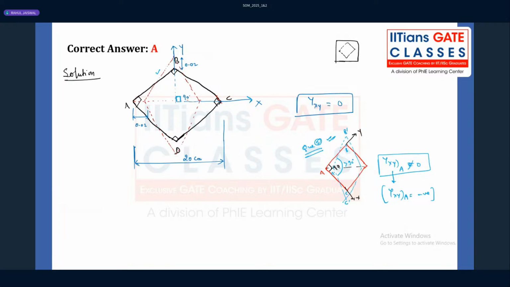Suppose they are asking the shear strain at point B for this system. For B it is positive, because the initial angle is 90 degree, but the final angle is less than 90 degree. So initial minus final again gives a positive quantity, but it is non-zero.